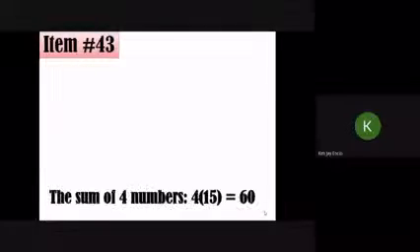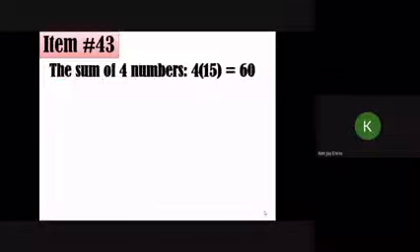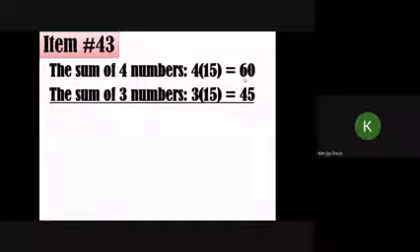If your average of the 4 numbers is 15, the sum is 4 times 15, which is 60. Because the sum is equal to the number of numbers times the average, in this case 4 times 15 or 60. For the three numbers, that's 3 times 15, which is 45.